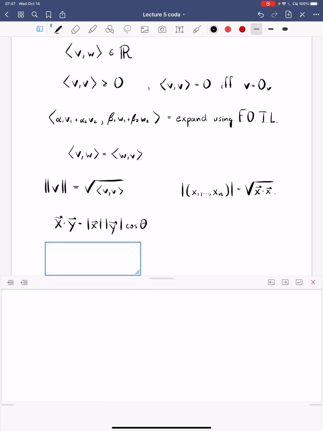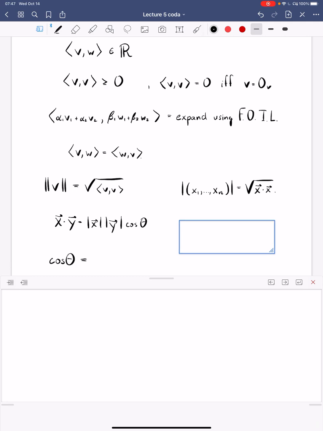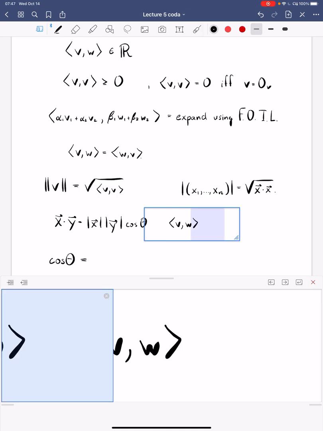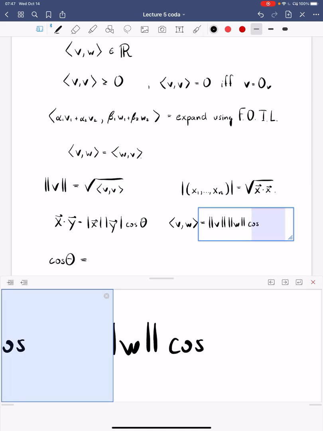And actually, we want to use that formula in the setting of an abstract Euclidean space to define the notion of angle. So cosine theta, where theta is the angle between two vectors, is the ratio we get if we had the general version of this, right? So we would write down cosine theta.